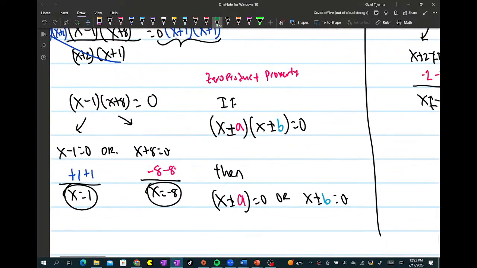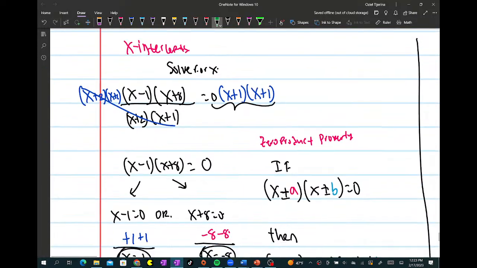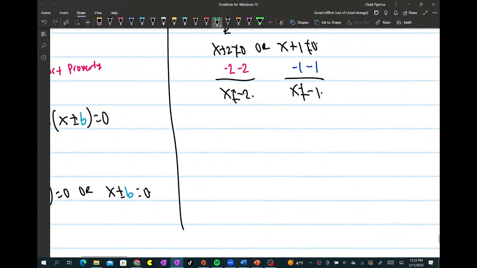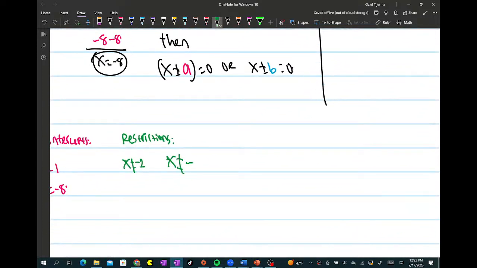And you can always test it out. If you plug in negative 2 here, you're going to get undefined. Where is the expression undefined? Those are your restrictions. Restrictions are where the expression is undefined. So we have x cannot equal negative 2, x cannot equal negative 1.